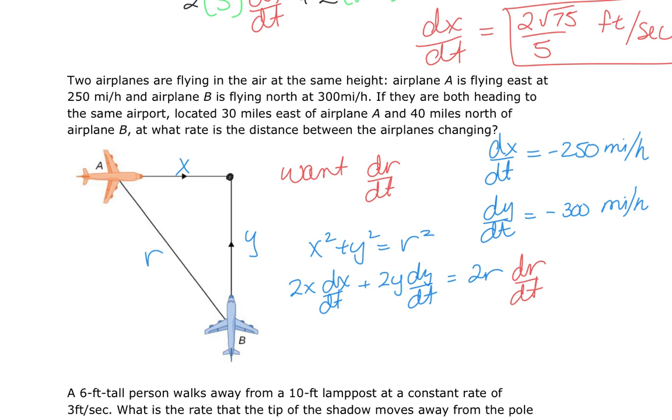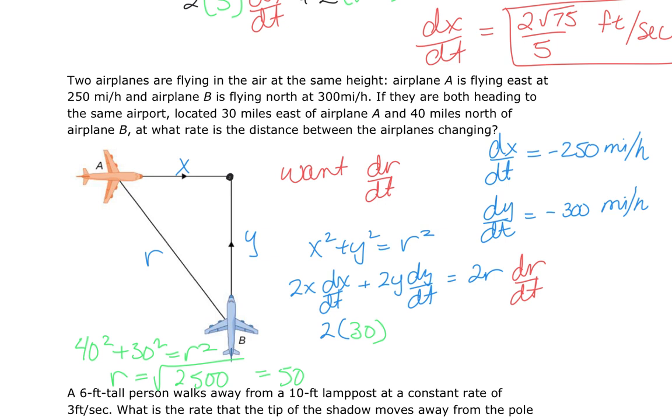So I need my snapshot in time. So I have 40 squared plus 30 squared is equal to r squared. So r is going to be equal to the square root of 2,500, which is just 50. Okay, now I'm ready to put in my snapshots. So I have 2 times my x, which is 30, that's my snapshot.